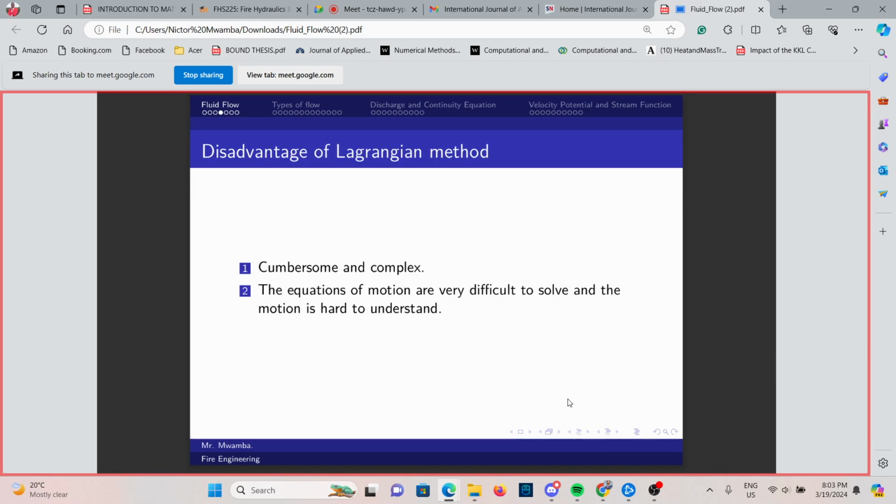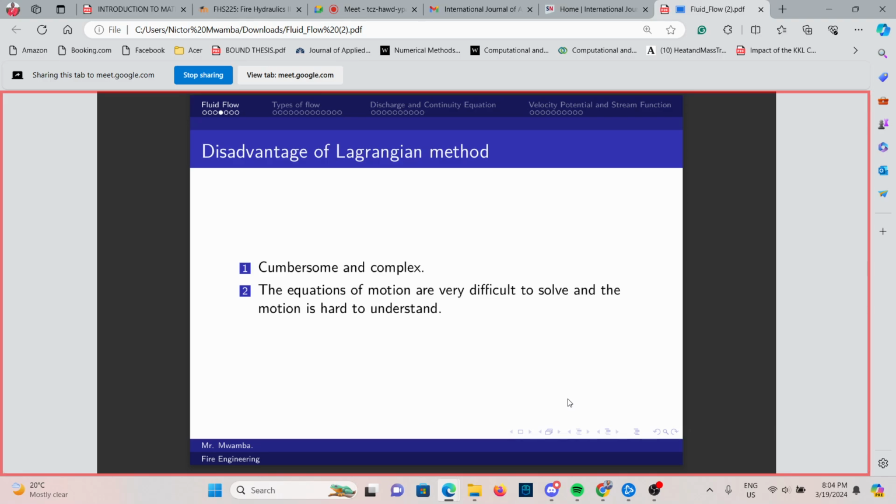Next, the disadvantages of the Lagrangian method. The first one is that since you are looking at a single fluid particle, for you to study the entire fluid body, it becomes very difficult to track each and every fluid particle, so it becomes cumbersome and complex.